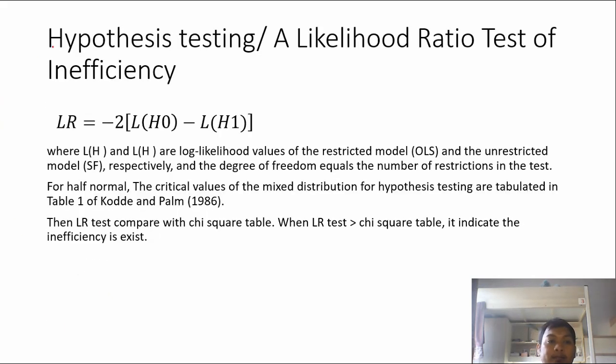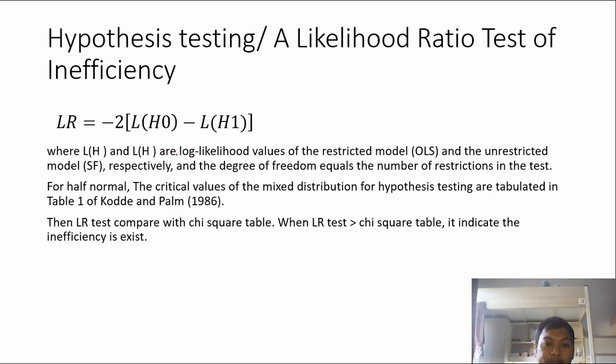And like I mentioned before, in the parametric approach we need to test the hypothesis. In here we use the likelihood ratio test of inefficiency, the LR test. The formula is minus 2 times the likelihood for the null hypothesis or the restricted model, which is OLS, minus the likelihood for the unrestricted model or stochastic frontier.